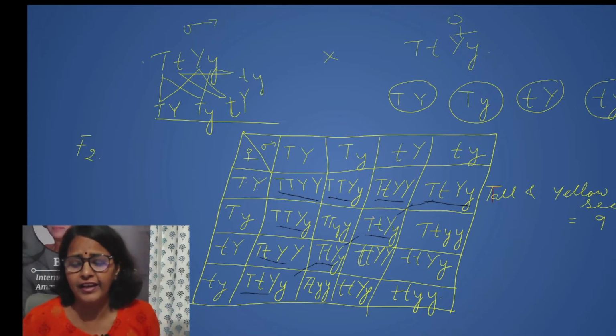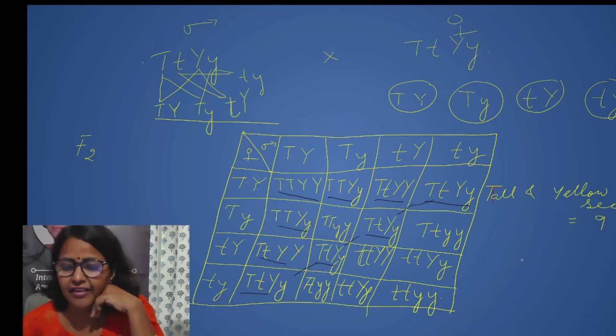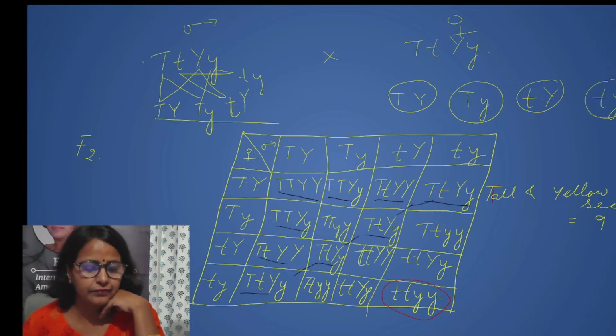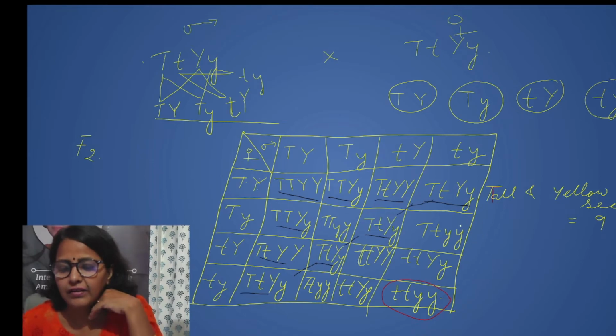Now if we see how many plants are there, we started with tall and yellow seed. How many plants are there which are dwarf and wrinkle seed? Dwarf and wrinkled, how many? Only one.